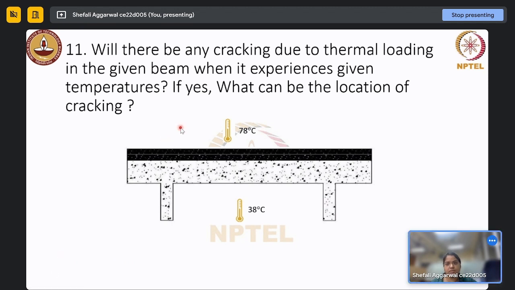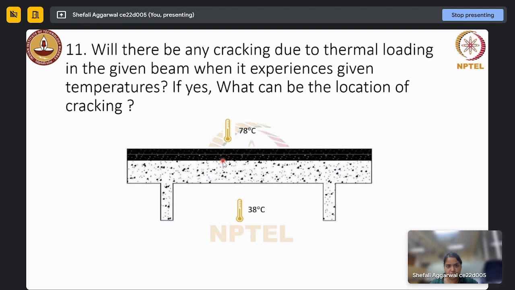Okay. So next question. We have a simply supported beam, and it's daytime, and our outer surface is experiencing 7800 degrees Celsius temperature, and the inside of the beam is experiencing only 38 degrees Celsius. Do you think there is a chance of cracking in this type of beam? Yeah, ma'am.